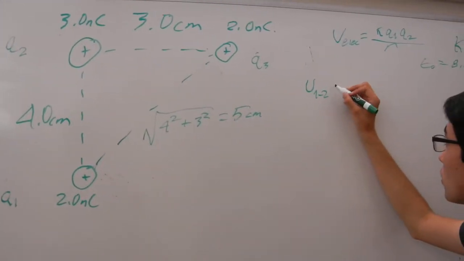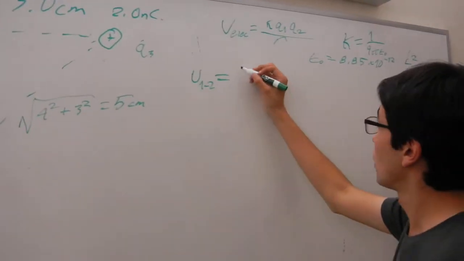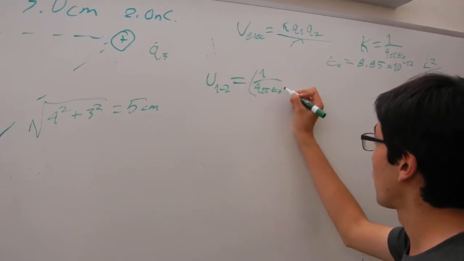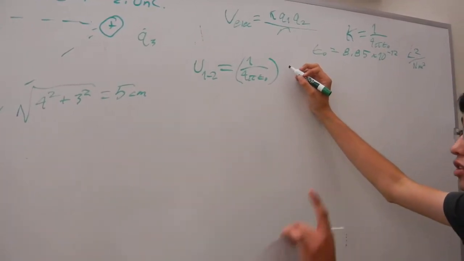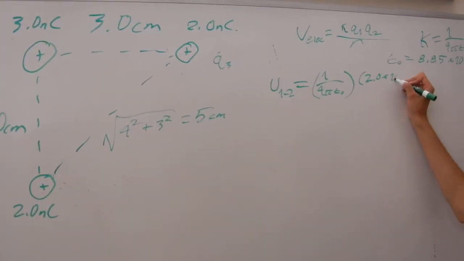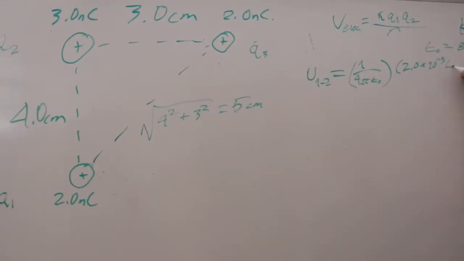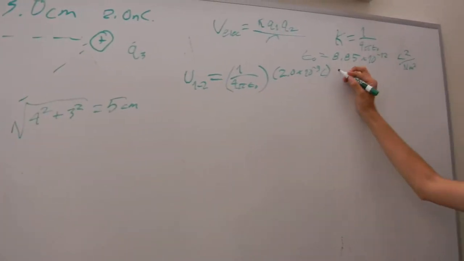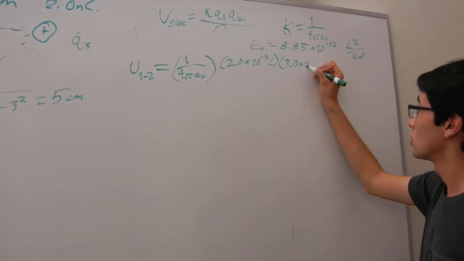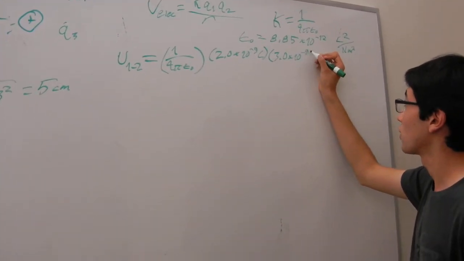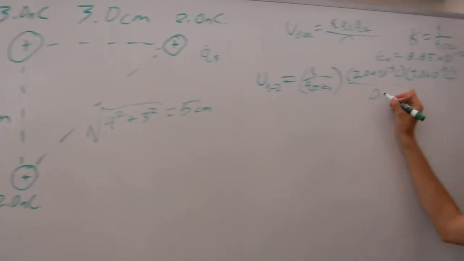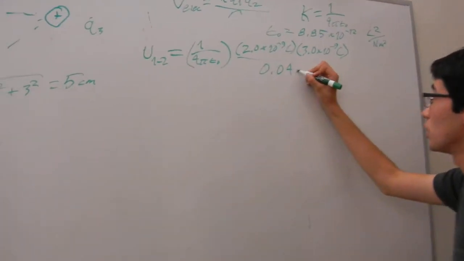So U of 1 and 2 equals K, which is 1 over 4 pi epsilon naught, multiplied by the charge of the first, which is 2 times 10 to the negative 9 coulombs, times the charge of the second, which is 3 times 10 to the negative 9 coulombs, all over the distance between them, which is 0.04 meters.